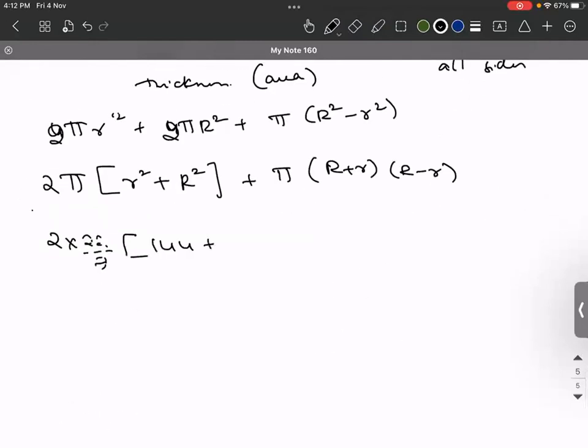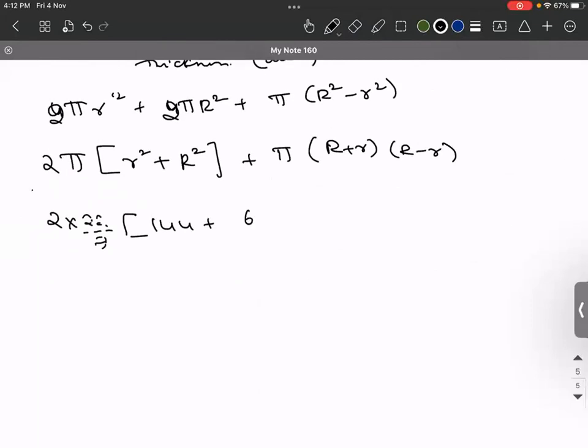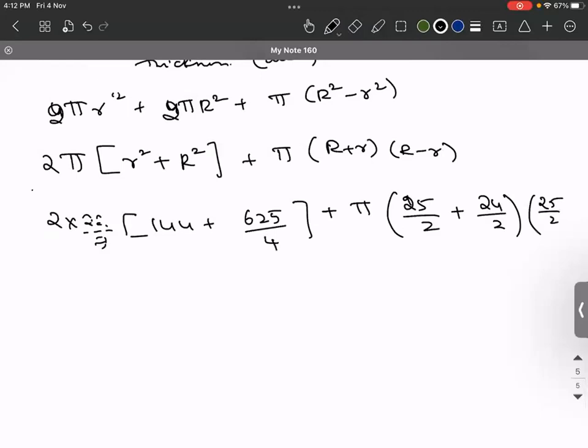144 plus capital R square, 25 by 2 squared, 625 by 4. Plus pi into capital R plus small r, I'll write it as 25 by 2 plus 24 by 2 so that I need not take the LCM headache, into 25 by 2 minus 24 by 2.